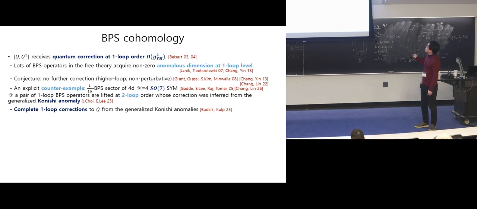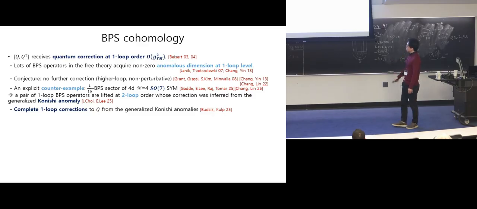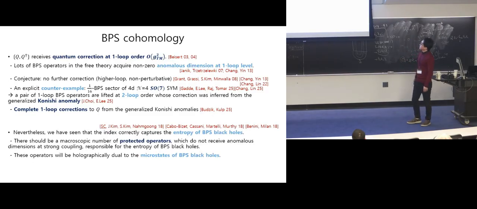If you consider the 1/16 BPS sector of 4D N=4 SO(7) super Yang-Mills, you can show that a pair of one loop BPS operators are lifted at two loop order. Furthermore, the complete one loop corrections to the supercharge have been studied recently by Kasia and her colleagues.